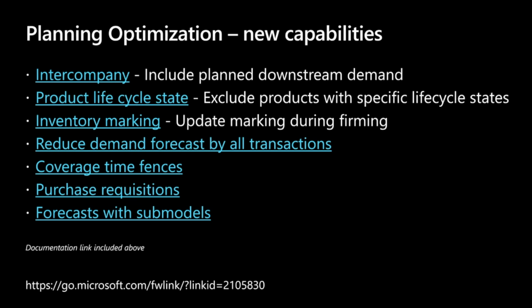And lately we have released the coverage time fences. Prior to that, planning optimization would include any demand and supply when calculating the plan, regardless of the timing. So even though it was 5 or 10 years out, it would be included.